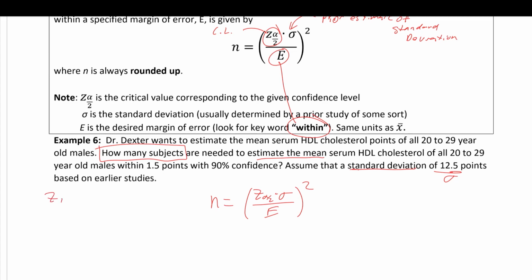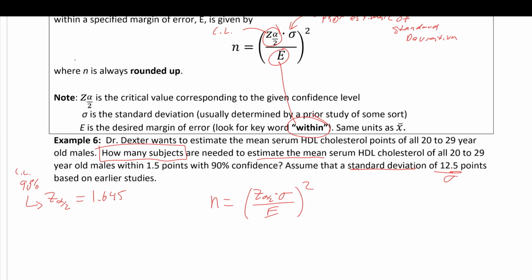So z-score here, well, this comes from the confidence level, right? Our confidence level is what, 90%? So that tells us that our z-score here has to be 1.645. If you don't know where I got that number, look at the previous section where we talked about how we got those.